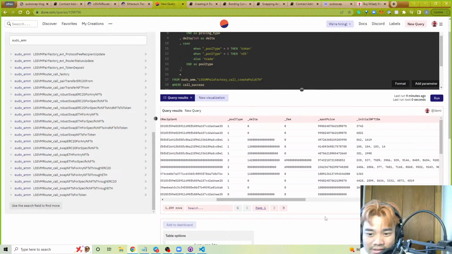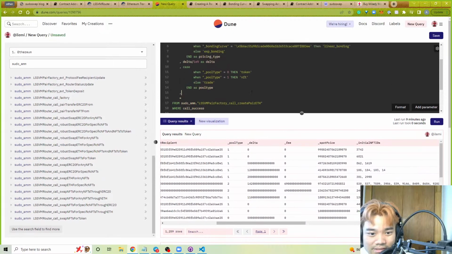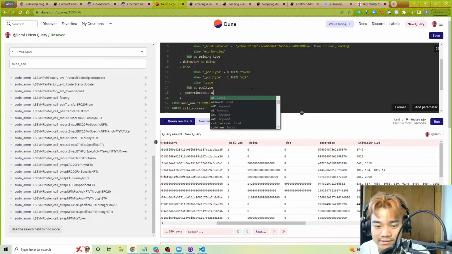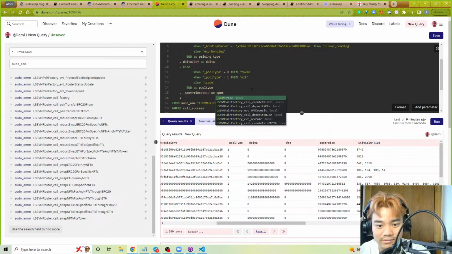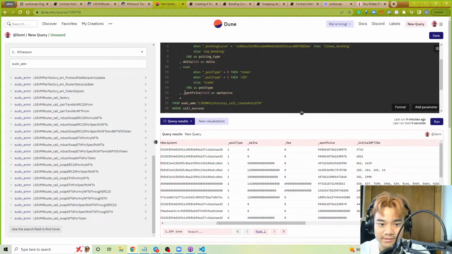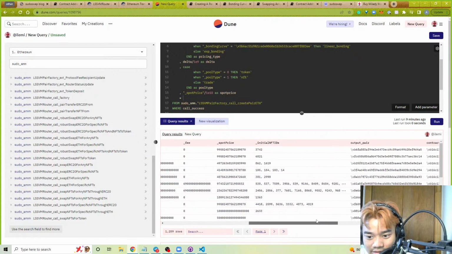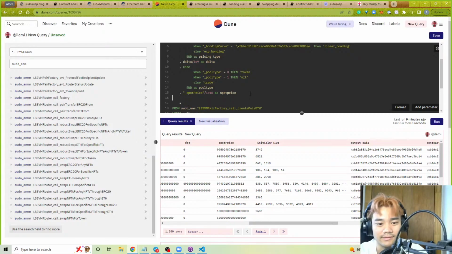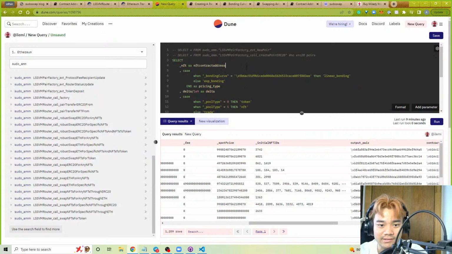Spot price. So prices is probably where the ticks start, right? So spot price divided by, this is 15. Spot price. So this is where things start at, which makes sense. All right. NFT IDs, let's put that in the back.